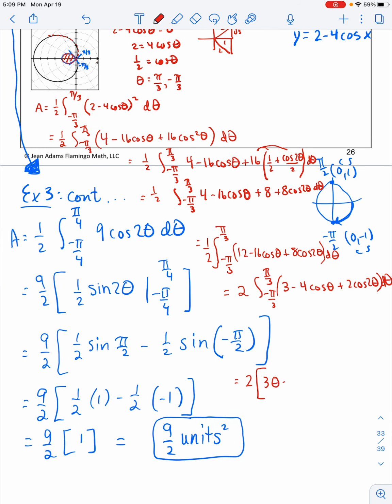Now I can go ahead and integrate. I've got 3 theta minus 4 sine theta. And then I'm going to take that 2 and divide it by 2, right? So that's going to give me sine 2 theta from negative pi over 3 to positive pi over 3.